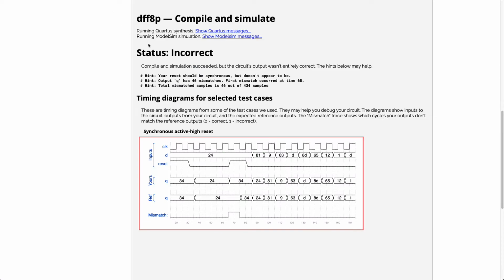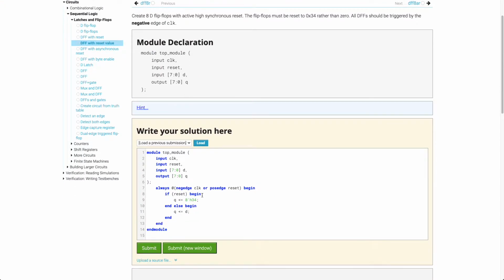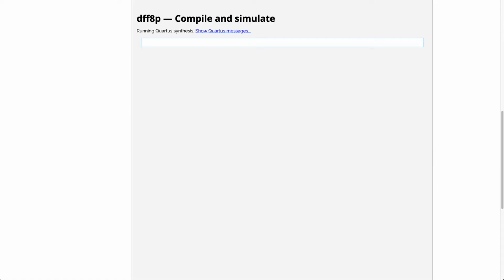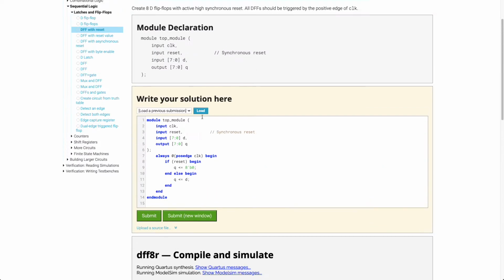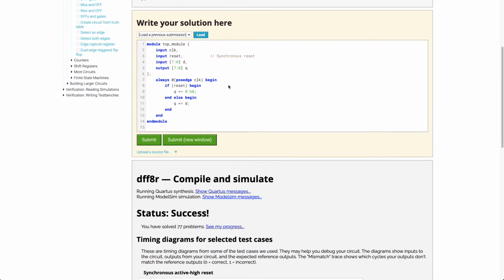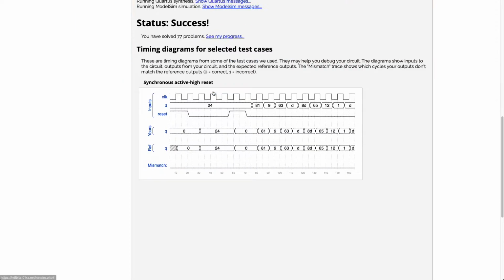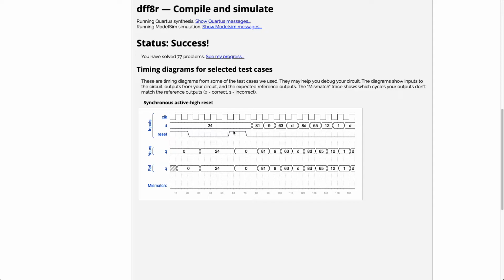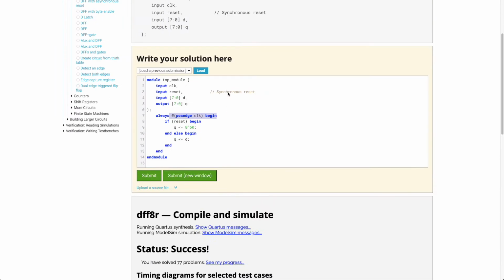So then here, I guess they also don't care about the edges of the clocks. So this isn't very synchronous reset, because I would have thought synchronous was synchronous with respect to clock, right? But this reset can come at any, well, okay, fair enough.